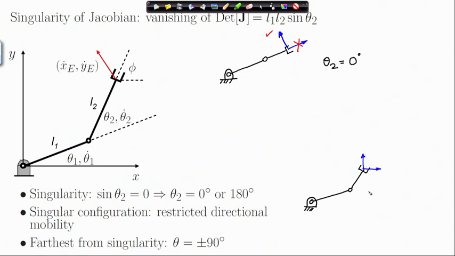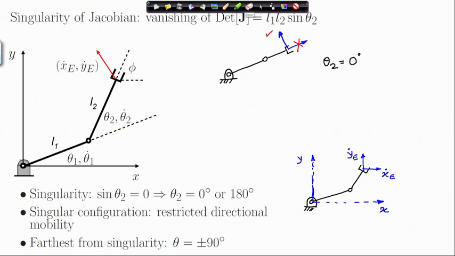You can produce both these velocities. So, these were our coordinates. So, you can produce a general velocity vector. But once you are in a singular configuration like this, you cannot produce a velocity in the radial direction.